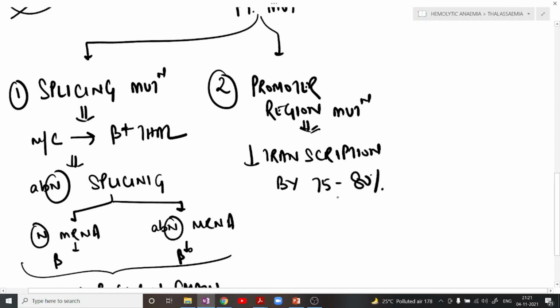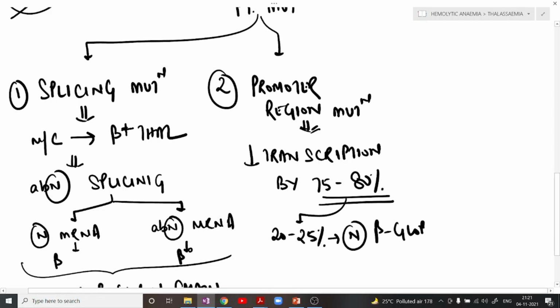Okay. So that means that some amount, approximately 20 to 25% of normal beta globin chain, is synthesized. So this type of mutation, the promoter region mutation, is giving rise to beta plus thalassemia. Beta plus thalassemia. So there is a reduced but detectable amount of beta globin chain which is seen.